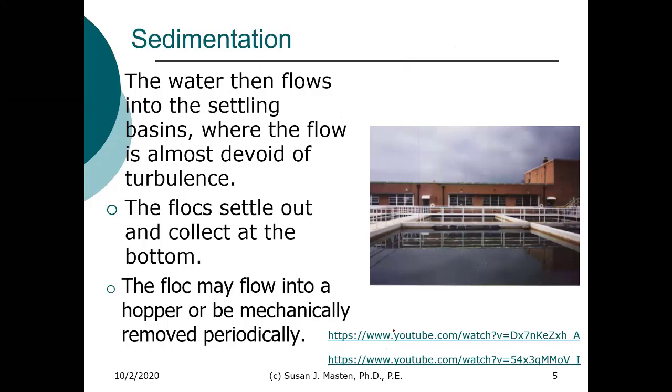So when we're talking about sedimentation, the water's then flowing into these typically larger basins, often operated as a plug flow or nearly plug flow system. And the goal is that the water is almost devoid of turbulence.